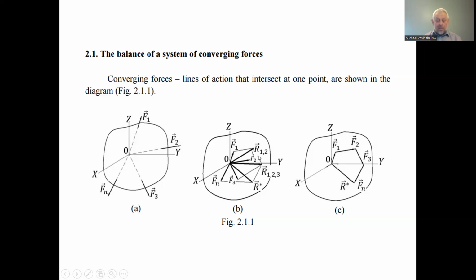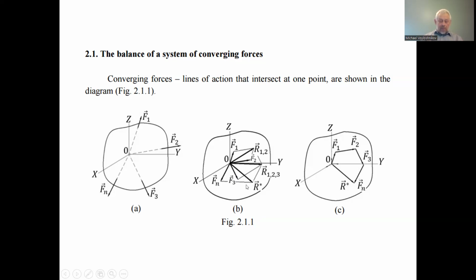This will be the resultant; we indicate R1,2 of the forces F1 and F2. Next to this resultant, we can add the force F3, and using the parallelogram rule we have R1,2,3 as a vector of the resultant of forces F1, F2, F3.